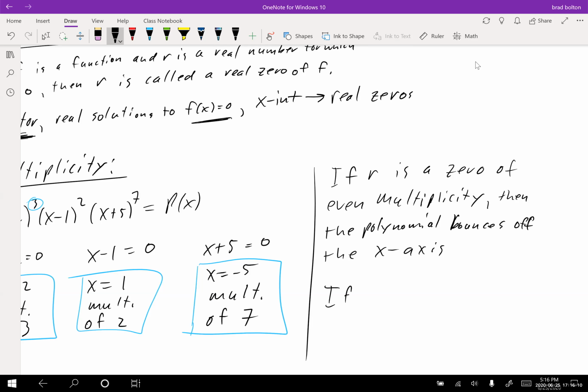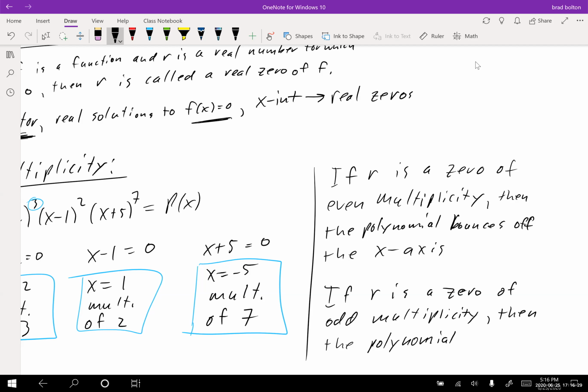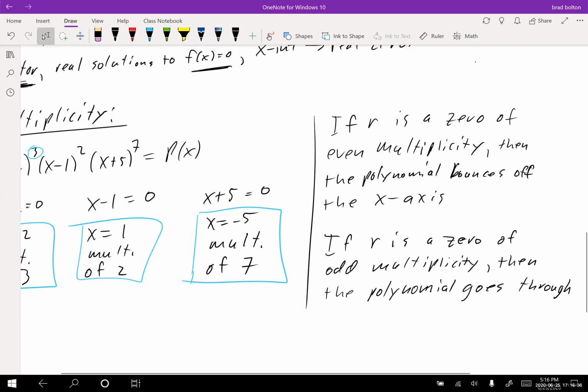Then we have, if r is a zero of odd multiplicity, then the polynomial goes through, or passes, let's say passes through, that sounds fancier.